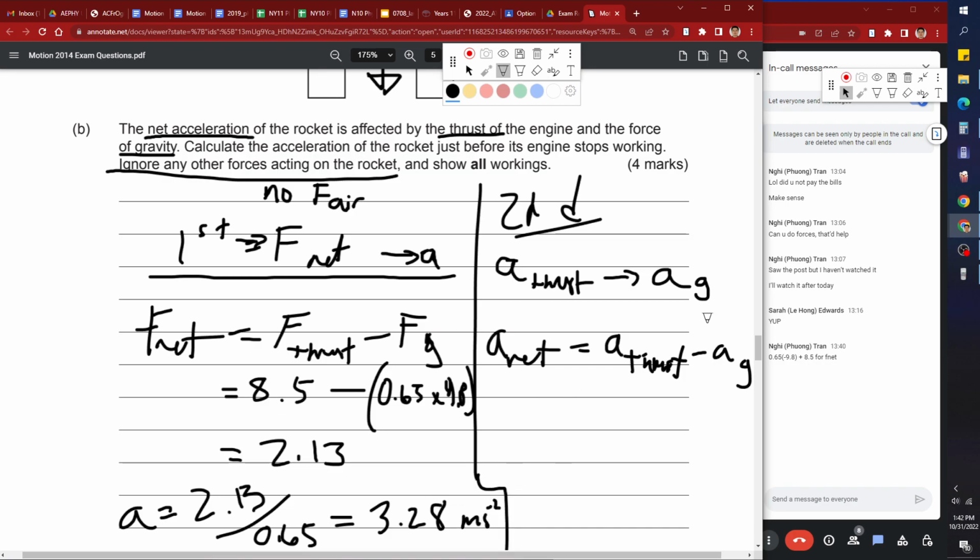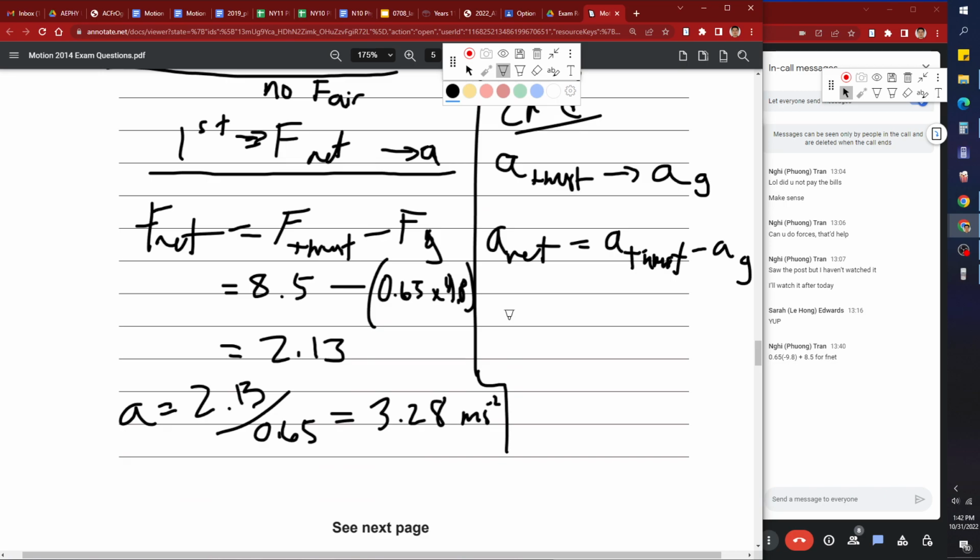And now if we do it the other way, let's find the net acceleration. So if we take our acceleration of the thrust, it should equal the thrust force. I'm going to use FA divided by the mass.